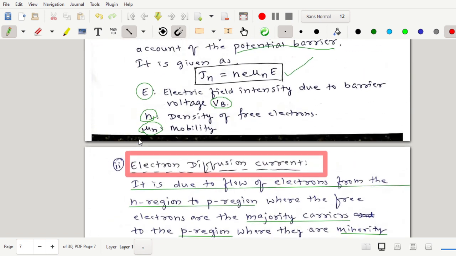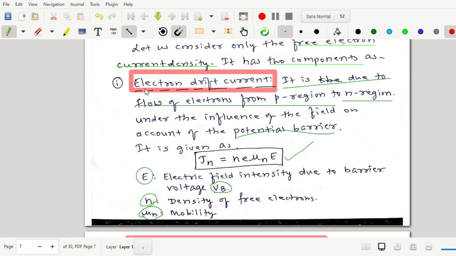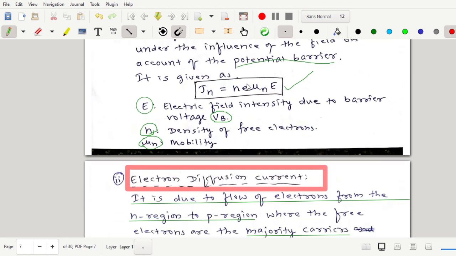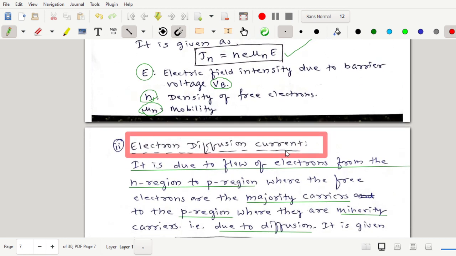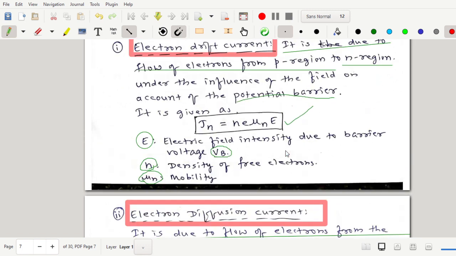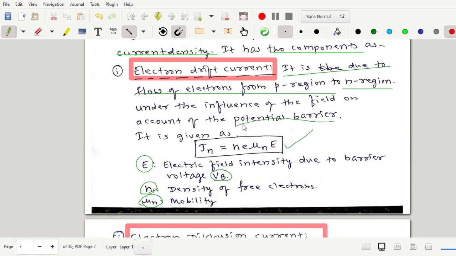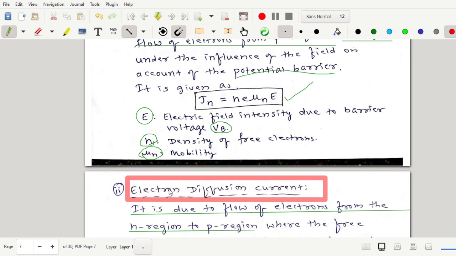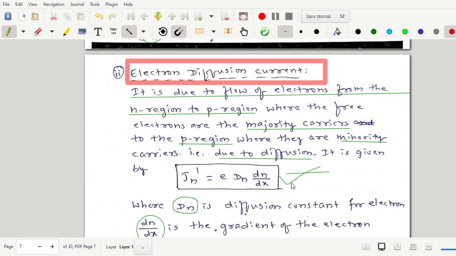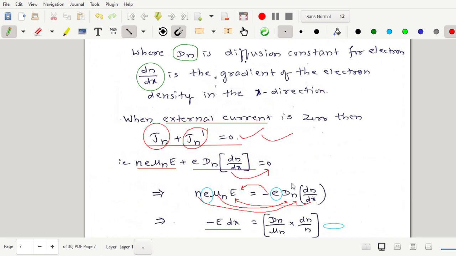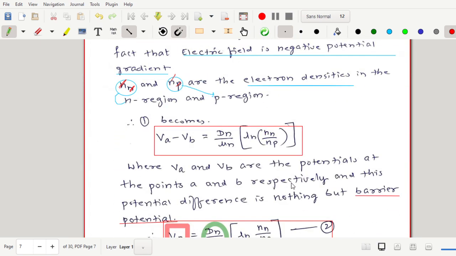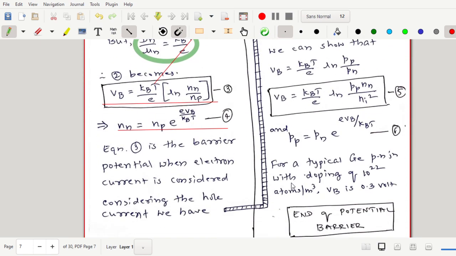That was again divided into two components, electron drift current and electron diffusion current. Similarly, if you consider holes, we will get hole drift current and hole diffusion current, so there is no need to do it again. What we obtained, equation number 3, is the barrier potential when electron current is considered.